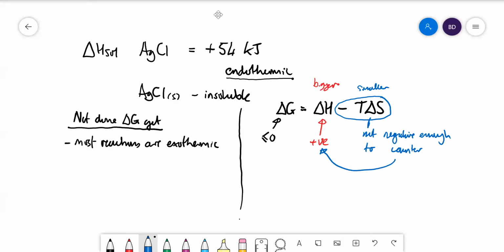Is delta S negative? Let's have a think. Is it negative when you dissolve silver chloride? If you could dissolve it, which you can't, it wouldn't be negative. Delta S would be positive. And if delta S is positive, it makes minus T delta S negative.